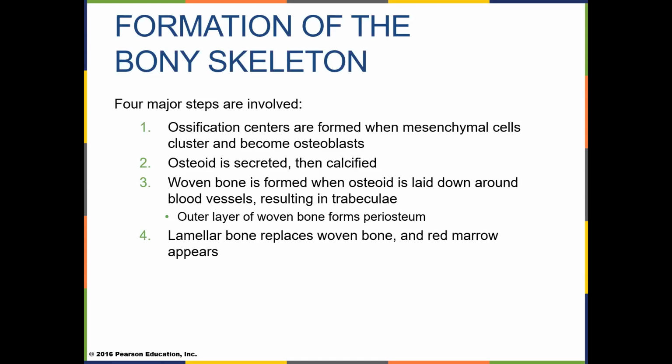And the ossification centers develop osteoblasts, which start laying down osteoid matrix, which gets calcified. And we start with spongy bone, and then we end up with the diploid sandwich ultimately.